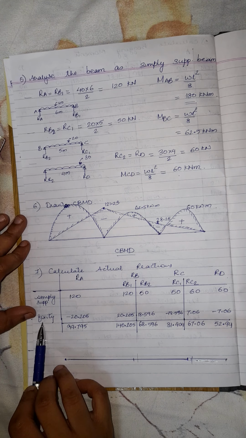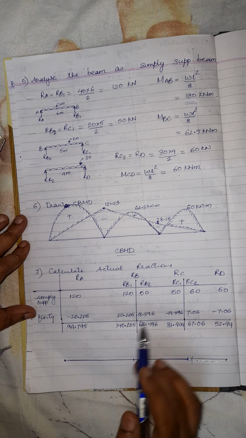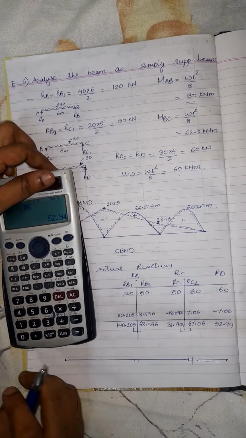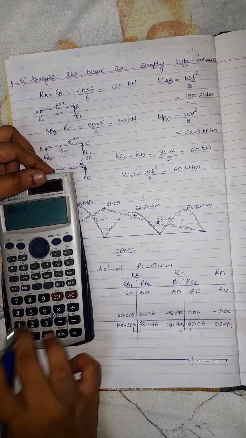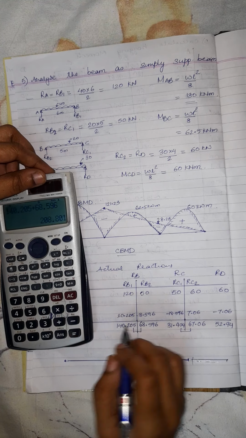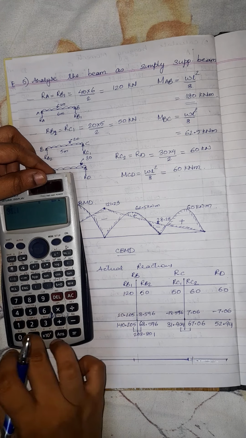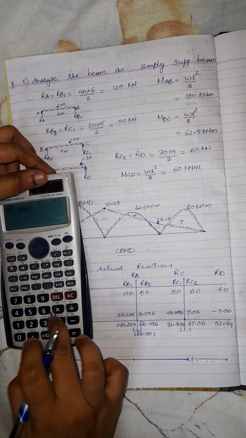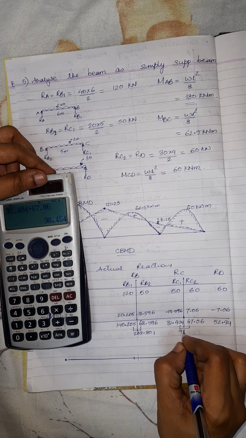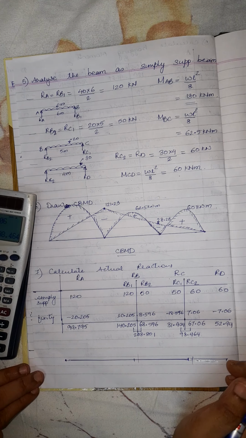Then fixity from step number 4 I have entered here, and then adding that I get reactions. Reaction at B is 140.205 plus 68.596. This is 208.801. 31.404 plus 67.06. This is 98.464. Okay, so let us draw shear force diagram.